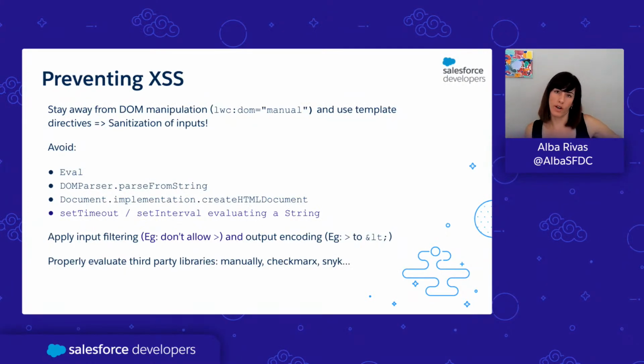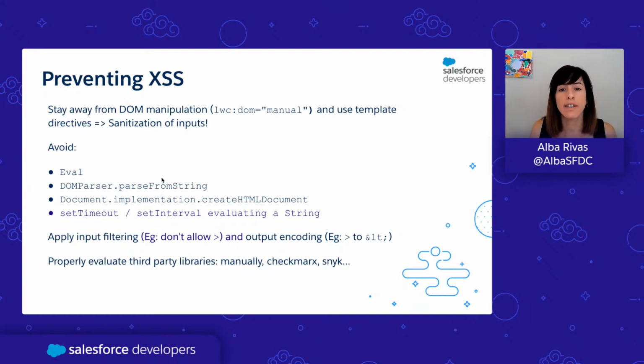So apart from locker, we know now that locker is super important, that it's going to prevent cross-site scripting vulnerabilities, but there are, again, a couple of use cases, same as with shadow DOM, in which we need to pay special attention and try to not use those approaches as much as possible because we know that they are an entry point for cross-site scripting vulnerabilities even though locker is there, right?